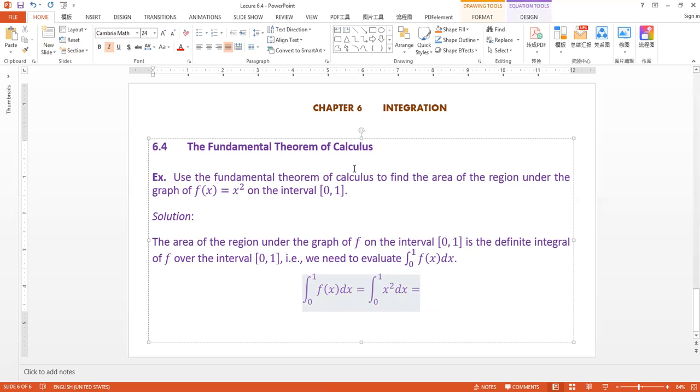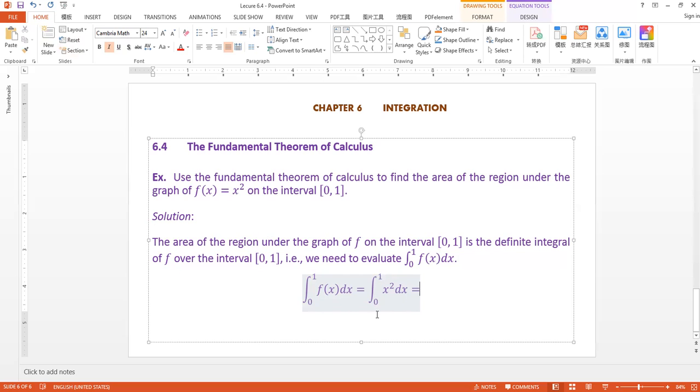The fundamental theorem of calculus tells us that in order to evaluate a definite integral, you need to find an antiderivative of the integrand x squared, and then just evaluate the antiderivative at the two limits of integration and subtract, 0 and 1. These are the endpoints of the interval, but they are also called the lower and upper limits of integration.